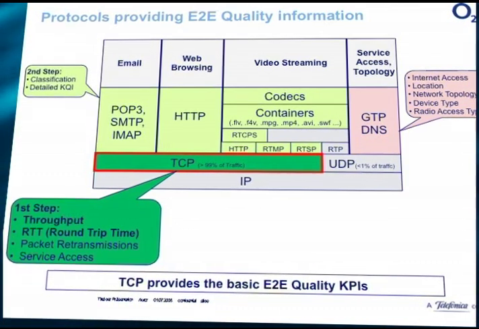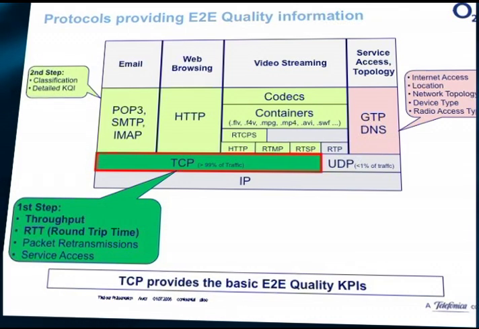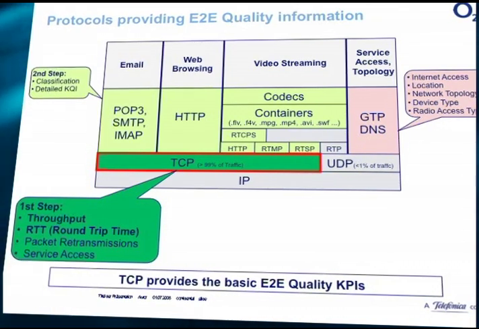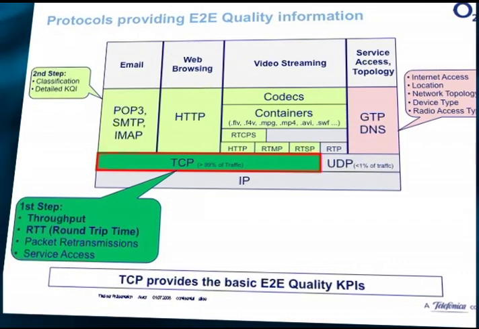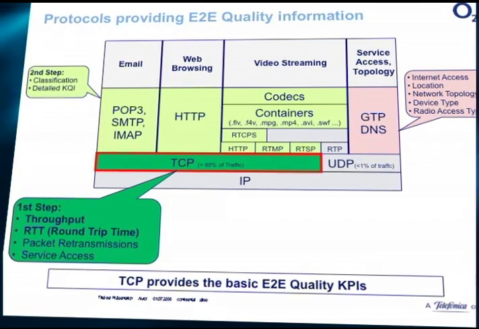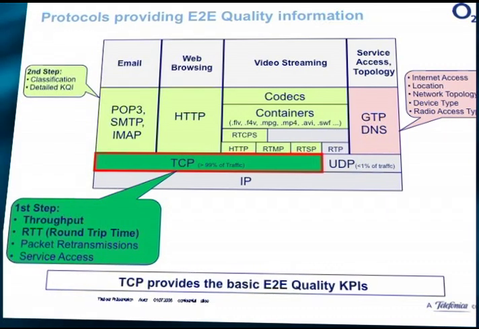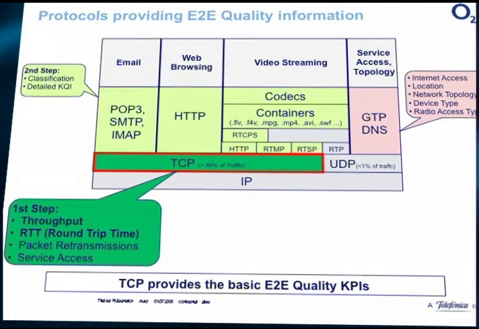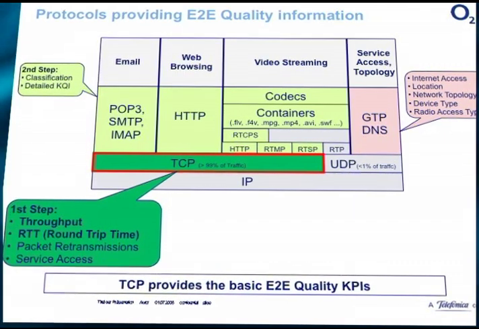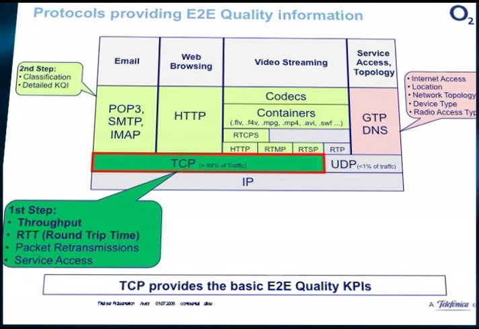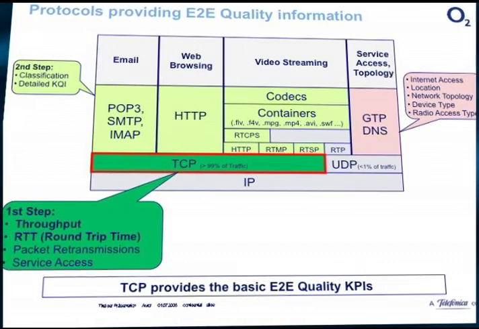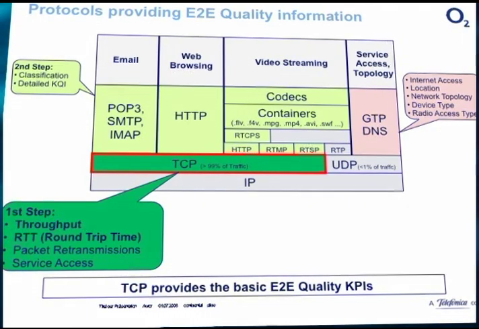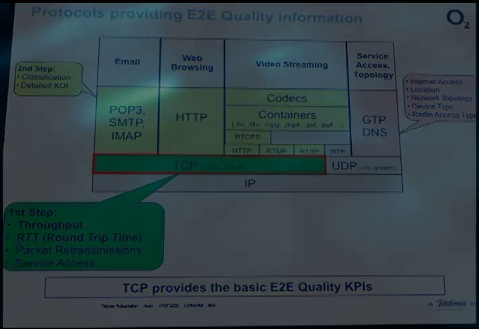In the second step, you may extend this, you may enrich the information by detailing your KPIs, your KQIs regarding the different applications. In particular, this is very interesting in the case of video streaming. Also, as mentioned before, we have some information from the GTP protocol, also from DNS protocol regarding network topology, device type, location, internet access, radio access type, and so on.